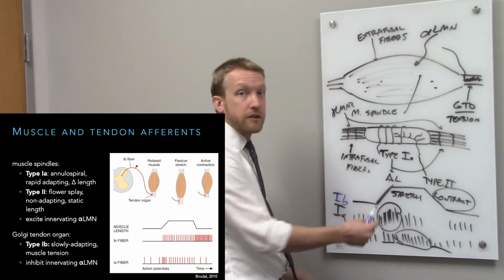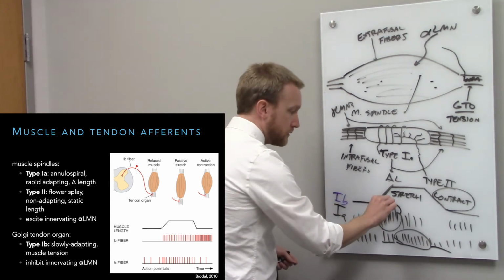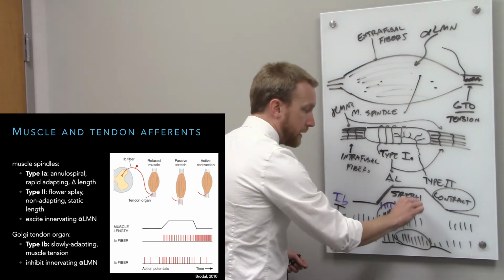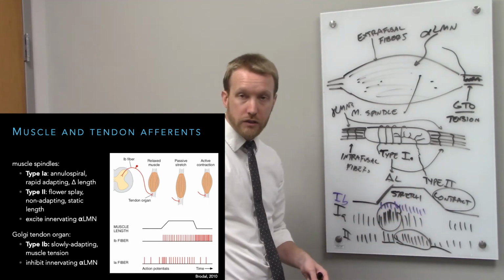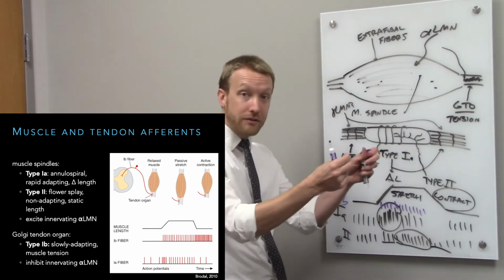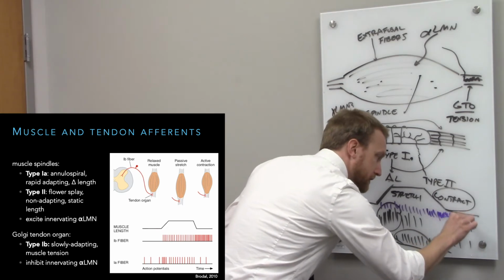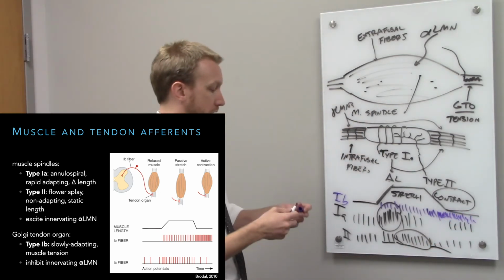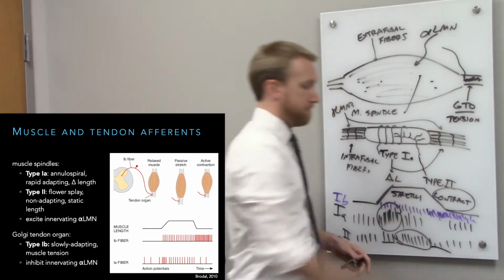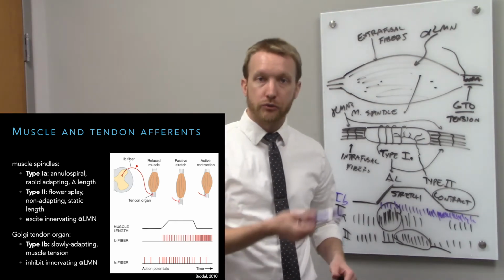Not a whole lot here because they haven't put any tension on the muscle. When they stretch the muscle, you get some activation of the Golgi tendon organ, and then when the muscle is electrically stimulated to contract while still being stretched, that's when you really see the Golgi tendon organ activated. And these are going to create different reflexes.